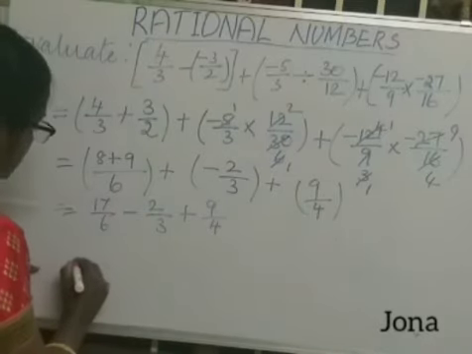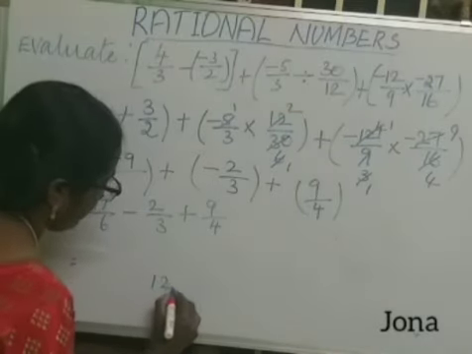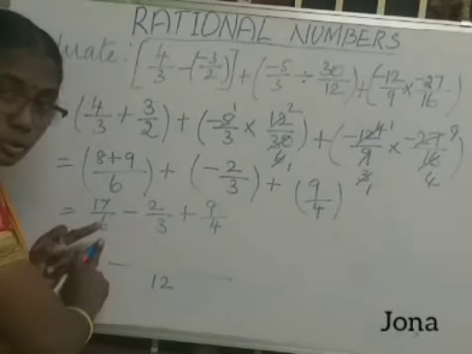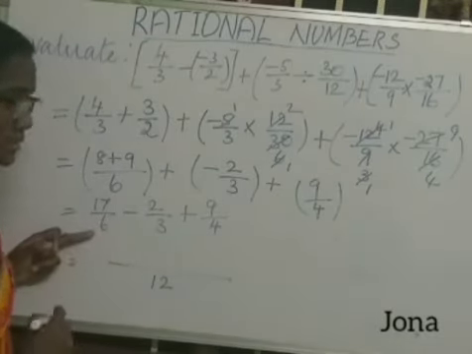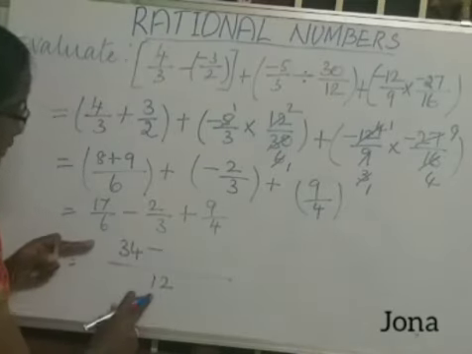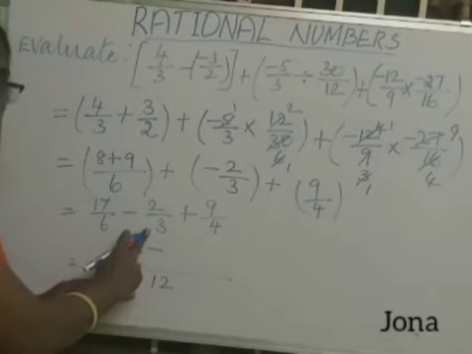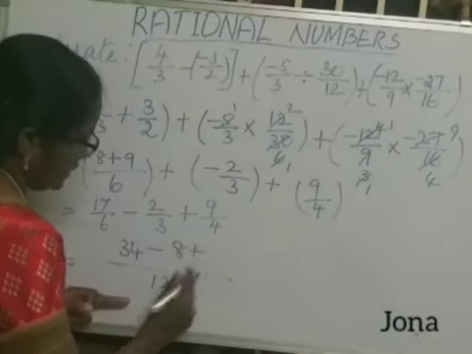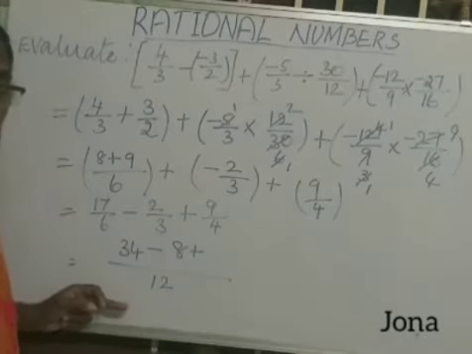So I can take this as 12. So in 12, how many 6s are there? 2 times. So 2 into 17, 34. Minus, in 12, how many 3s are there? 4. So 4 2s are 8. Plus, in 12, how many 4s are there? 3.